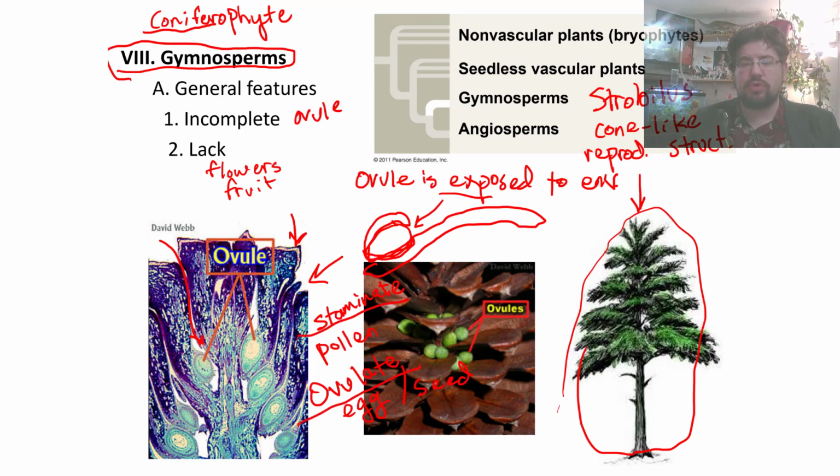We use the word strobolus because cones are found in multiple different places, right? It's not all pine cones. For instance, the club moss actually produces its own strobolus, but it's not a gymnosperm in any way. It's a fern ally.